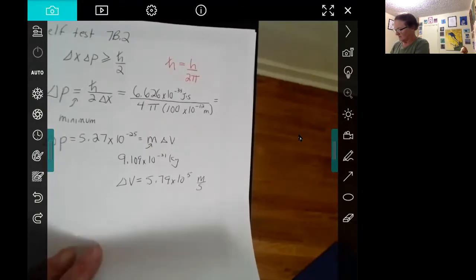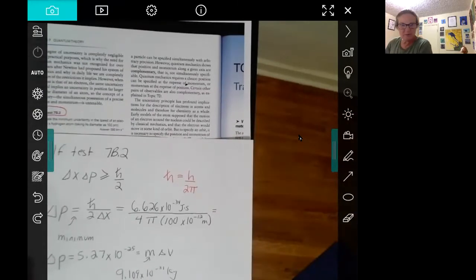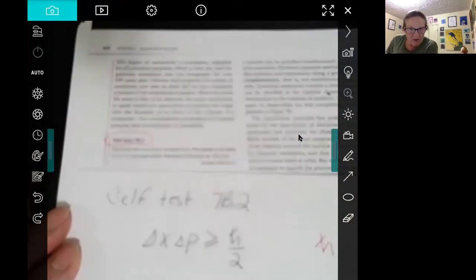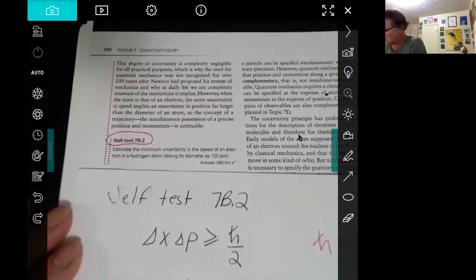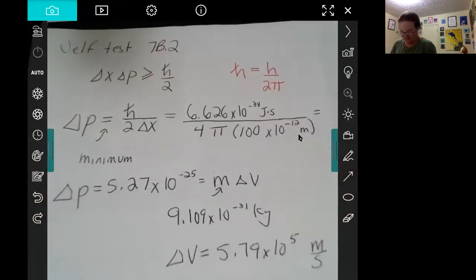So estimate the minimum uncertainty in the speed of an electron in a hydrogen atom, and we're going to assume that the diameter of that atom is 100 picometers. They're giving you the hint that if that's the diameter, the electron can be found anywhere in there. So we'll assume that that 100 picometer diameter is the uncertainty in the position.